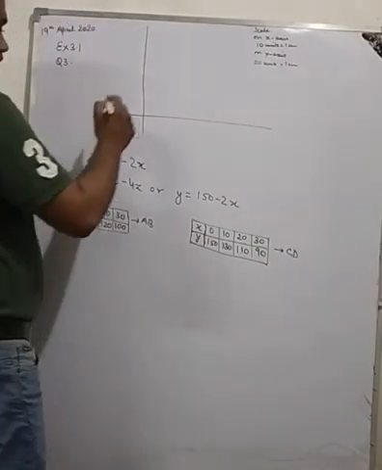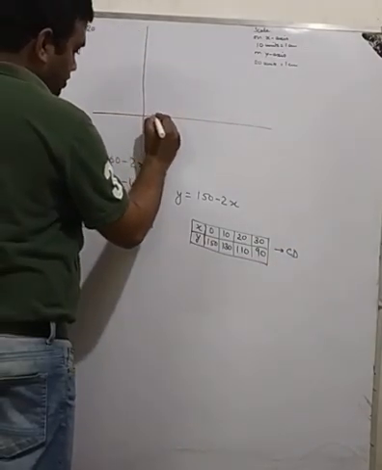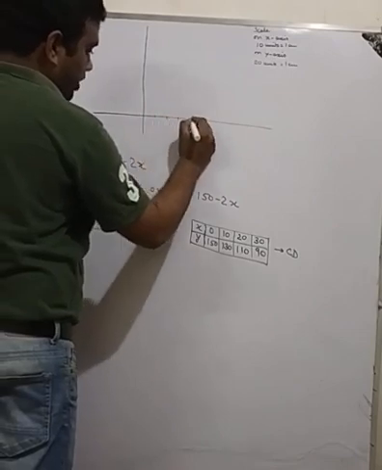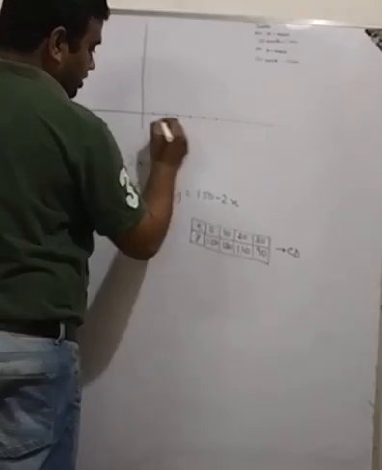For the first, on x I am going to write here 10, 20, 30, 40, 50, 60.